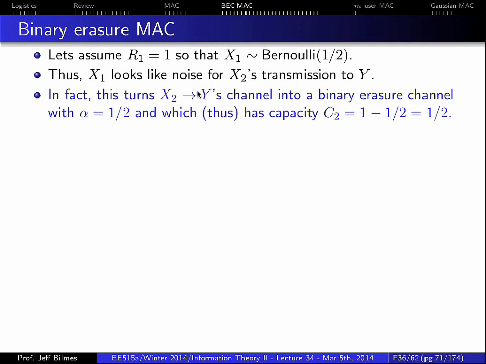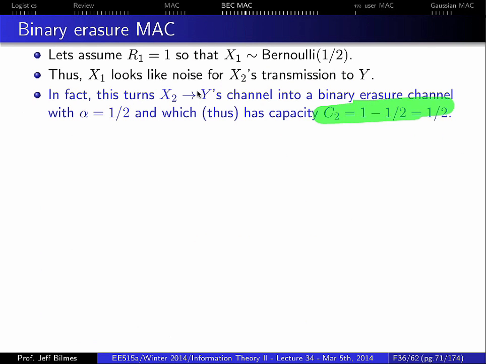And so what this means is that when X1 is this uniform coin flip Bernoulli process, it's still the case that we can communicate using X2 in the same fashion as we can communicate over a binary eraser channel. So any code we have for a binary eraser channel, we can use here as well. And what is the capacity of such a code? The capacity is going to be 1 minus alpha, and alpha in this particular case is 1/2.